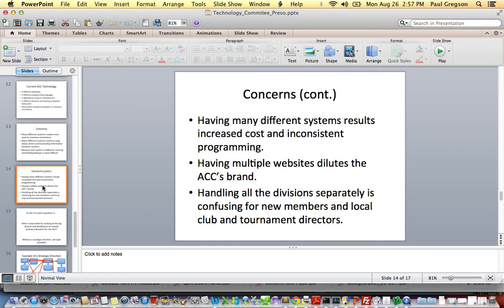Okay, if I'm a new local tournament director, I want to run a weekend tournament, I have to fill out paper results. But if I want to run my local club, I can fill the results out via the computer. But if I want to be an internet tournament director, then I have to fill in these spreadsheets and email them.